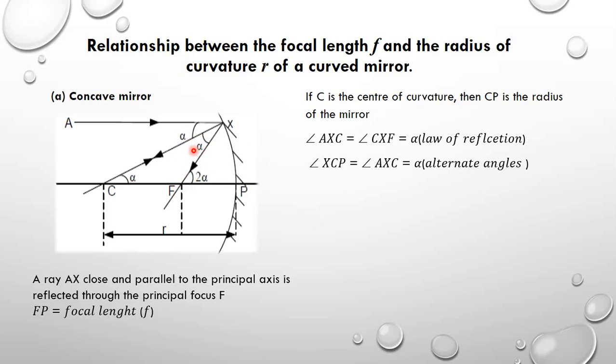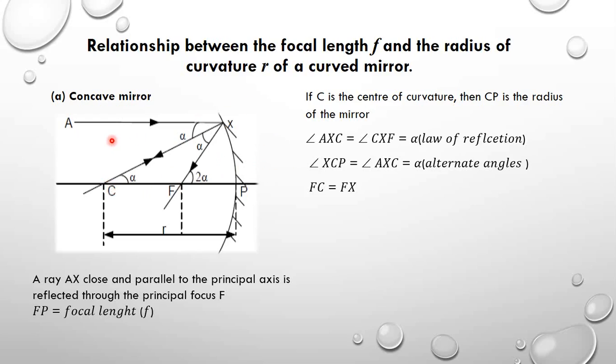Now, we also see that if this angle is alpha and this is alpha, it means that this side is equal to that side. So it implies that this is an isosceles triangle. And so CF is equal to FX. And also, we are going to assume that this line AX is very close to the line CP.